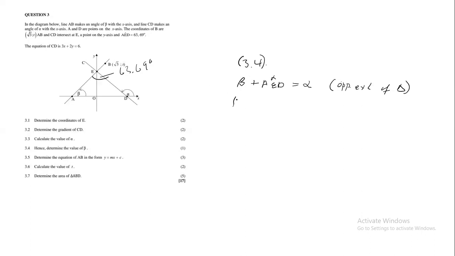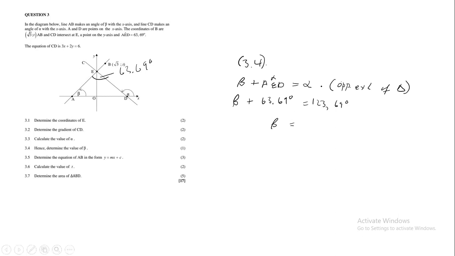So I'm going to say beta plus, what is the magnitude of this angle? It's 63,69 degrees, is equal to alpha. What is the magnitude of alpha? Remember, we said it's 123,69 degrees. We have already determined the magnitude of alpha back then for question number 3.3. And therefore, beta is equal to, we transpose this to the other side of the equation, we subtract.